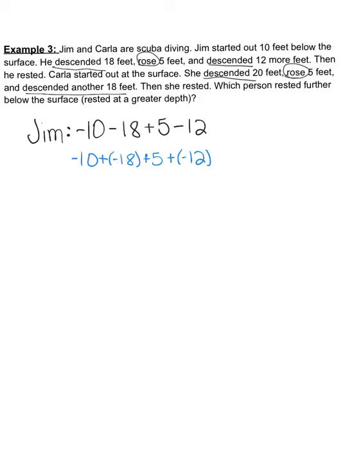And then as I work through this problem, I can add my negatives together. So I can add my negative 10 plus negative 18, which is a negative 28. And then remember the commutative property? With addition, when it's written as all addition, I can add in any order. So rather than adding positive 5, I'm actually going to add my negative 12 to negative 28.